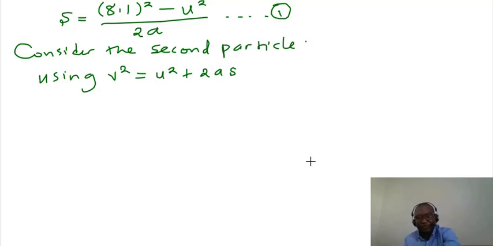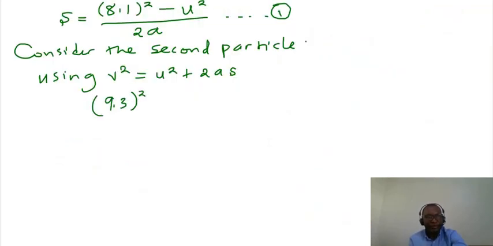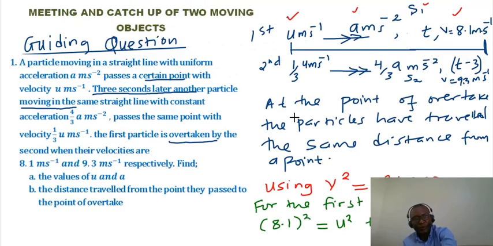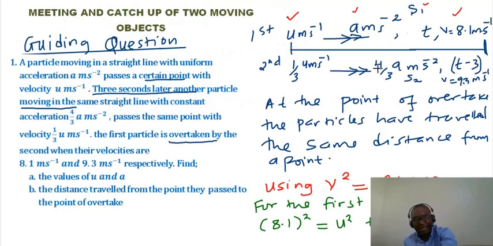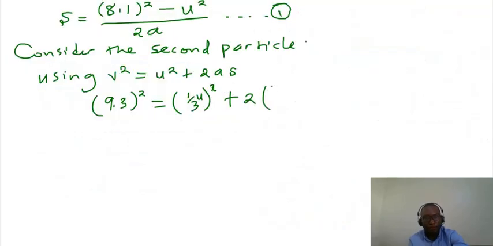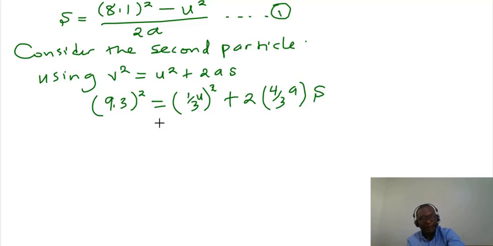The final velocity for the second particle is 9.3 meters per second, squared, being equal to the initial velocity of the second particle, 1 over 3 u, squared, plus 2 times the acceleration of the second particle, which is now 4 over 3 a, times the distance traveled by the second particle. We can call it just s.